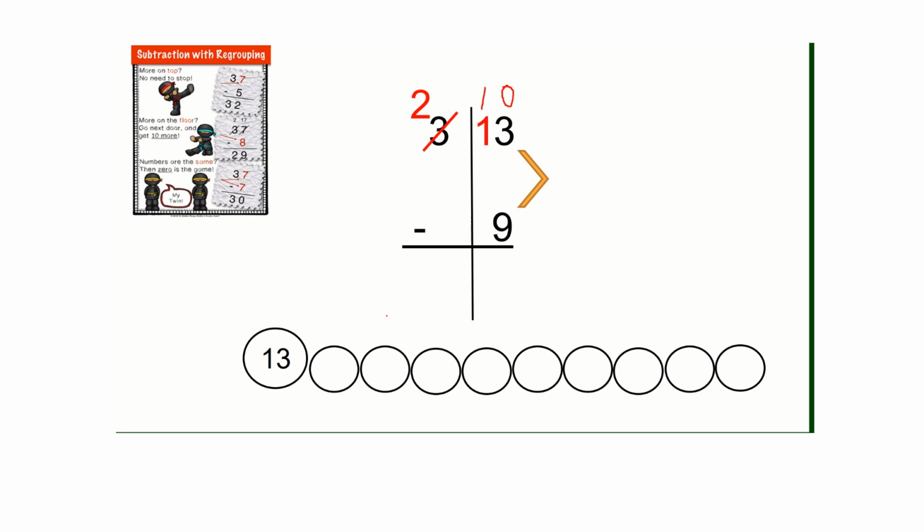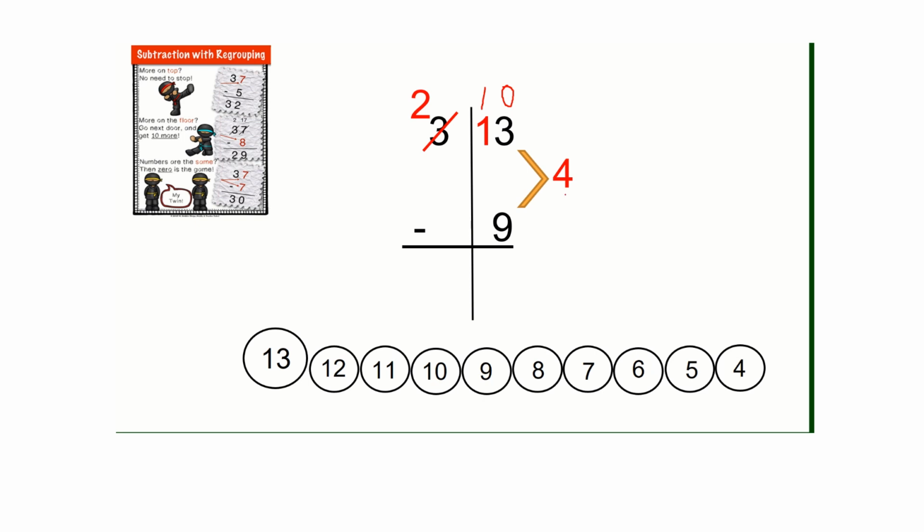Now I have to count back because I'm using the count back strategy. I have 13, 12, 11, 10, 9, 8, 7, 6, 5, and 4. So that means 13 minus 9 equals 4.